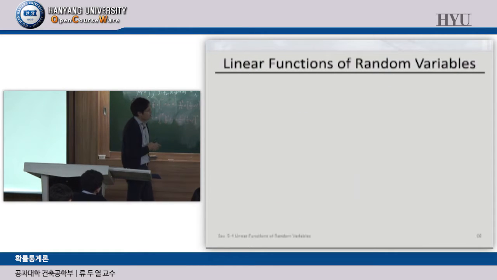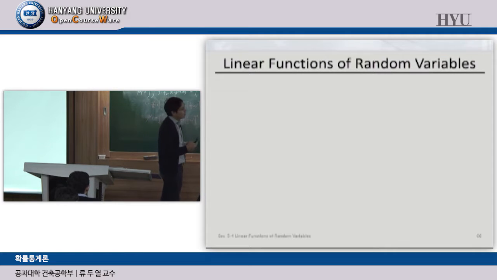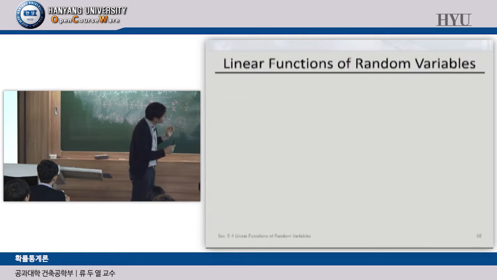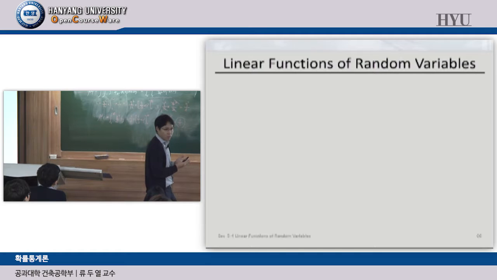And now, we are going to talk about the linear functions of random variables. So, up to this page, we have learned about multiple random variables, right? But the multiple random variables are all constant values. But in this case, the random variables can form one linear function.